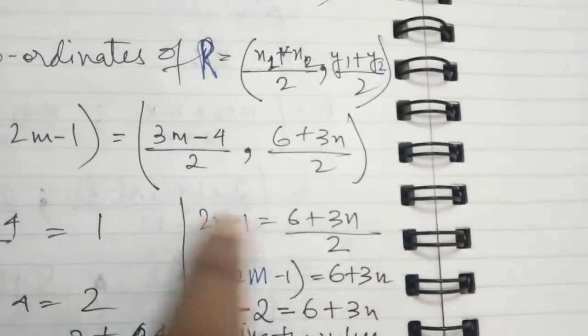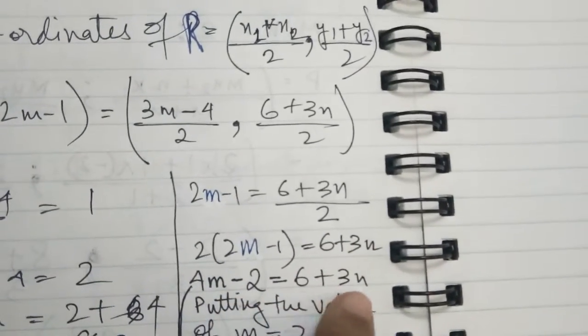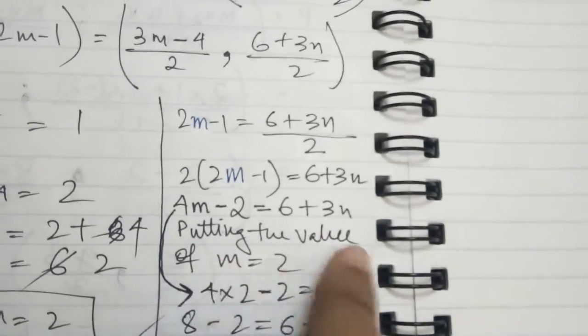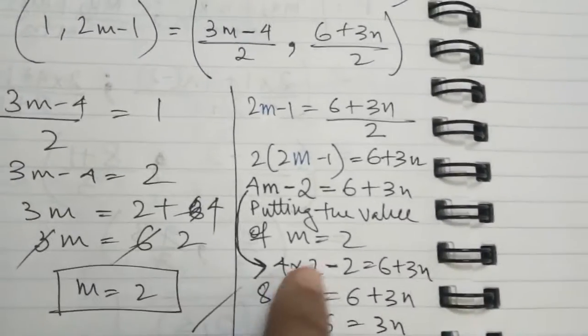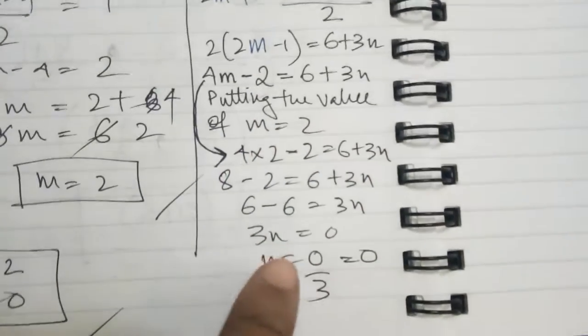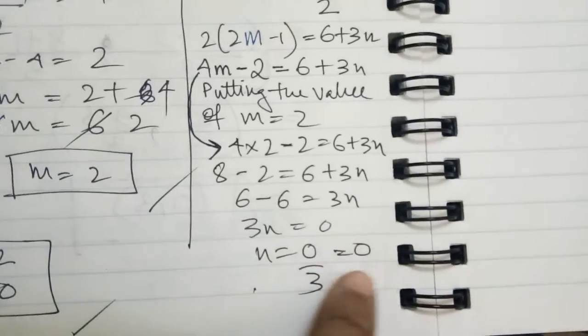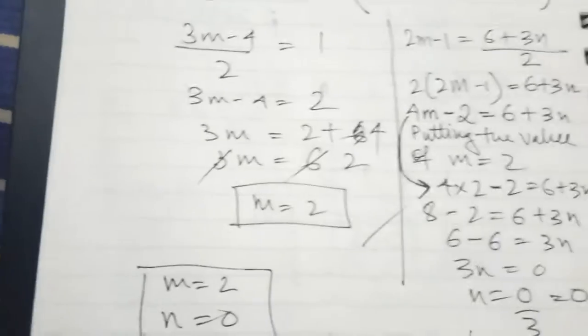Cross multiplying, 4m minus 2 equals 6 plus 3n. Substituting the value of m in this equation, we get the value of n as 0. The final answer is m is 2 and n is 0.